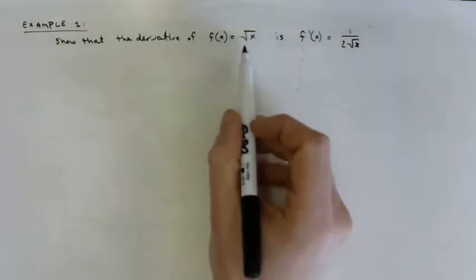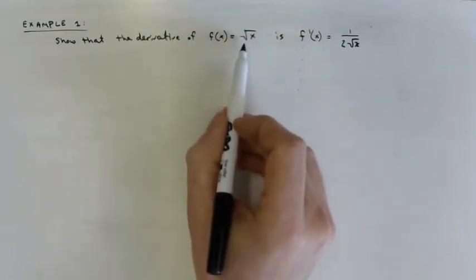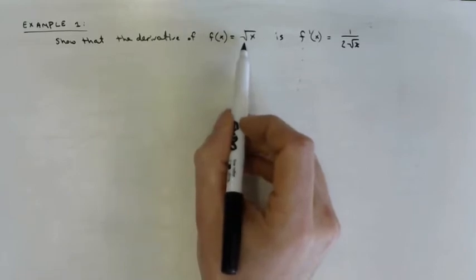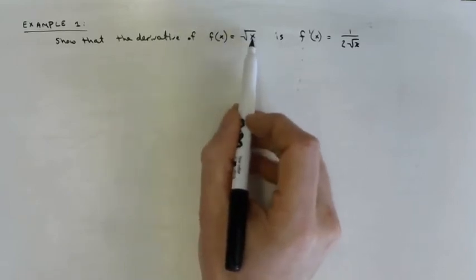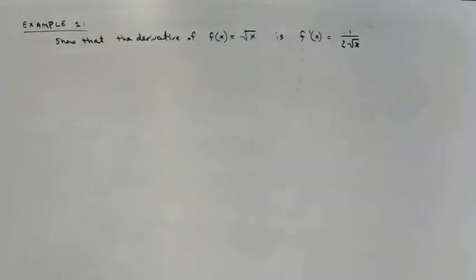Okay, so again, that looks pretty ugly. Two things we notice right off the bat is we have a square root. We don't have any laws to deal with square roots, so we're going to need to convert that into an exponent. And then this looks pretty ugly, but we'll see how that gets created as we go through it.